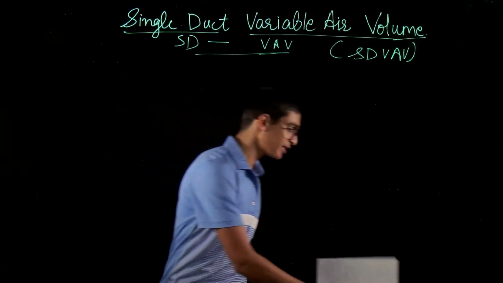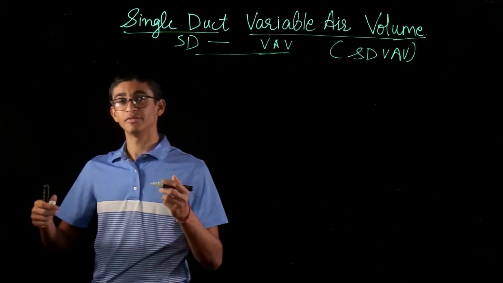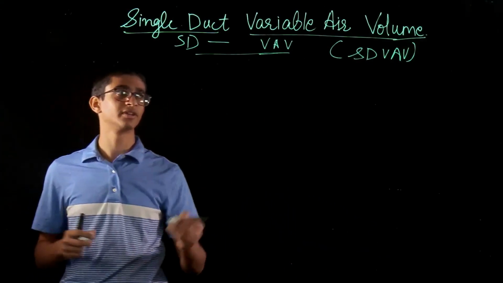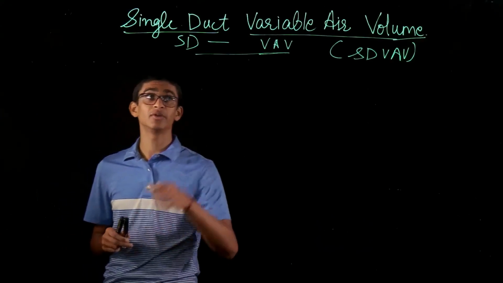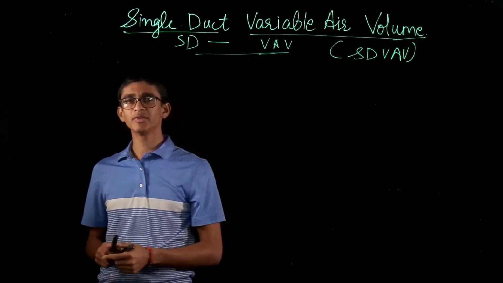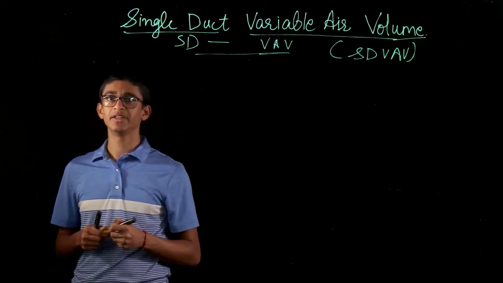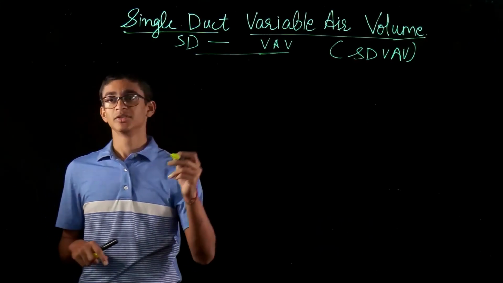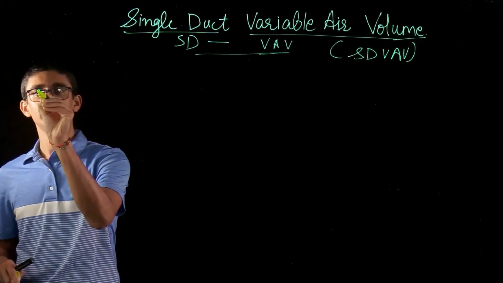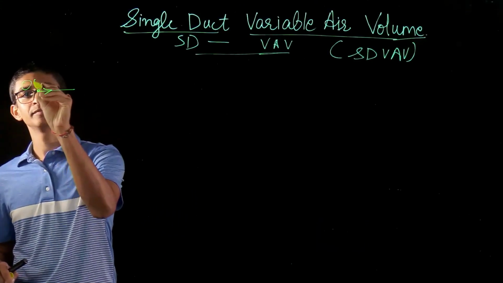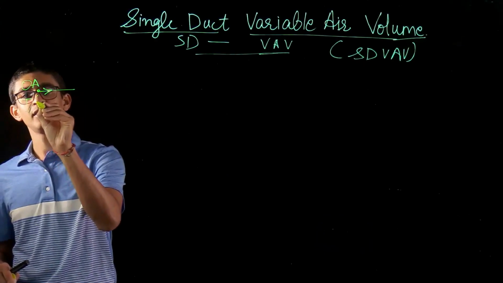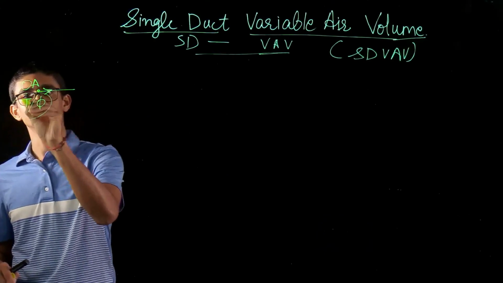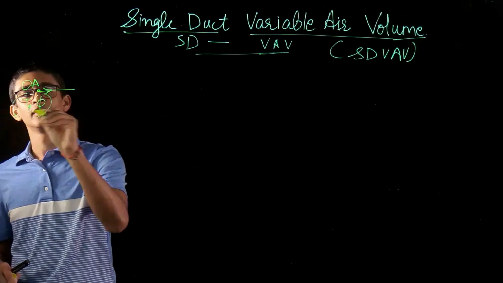So let's first make the AHU schematic, which is very important for us, and then we'll go into the other calculations of the amount of air volume. The temperature calculations will still remain the same as what we had in the SDCAV, that was single duct constant air volume. Starting with this, we obviously have an outside air which is coming, whose temperature and relative humidity is known to us, right?